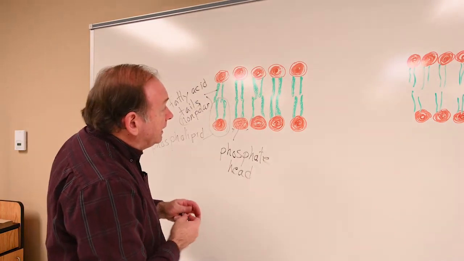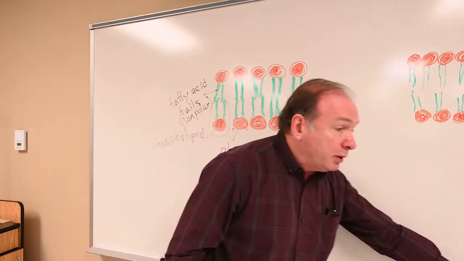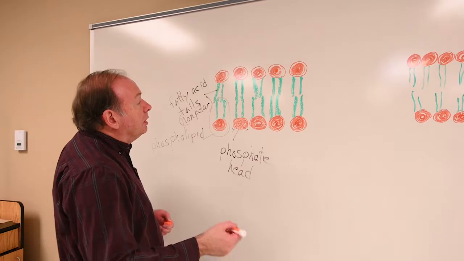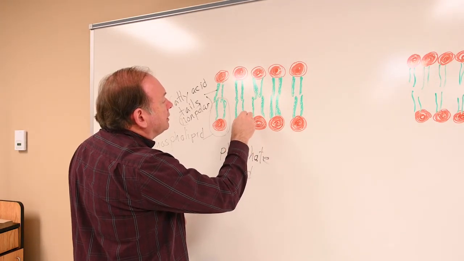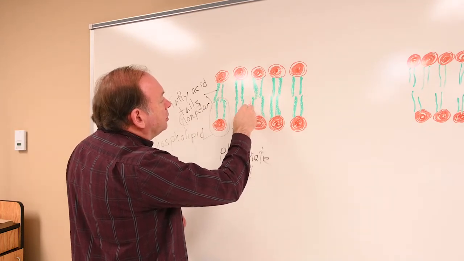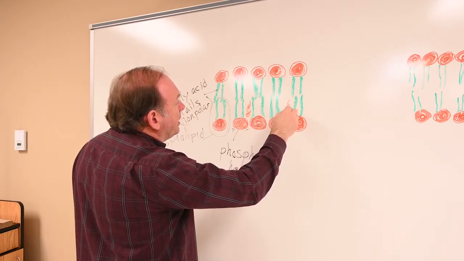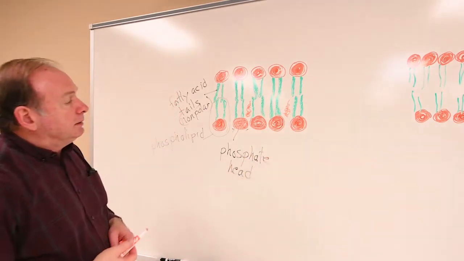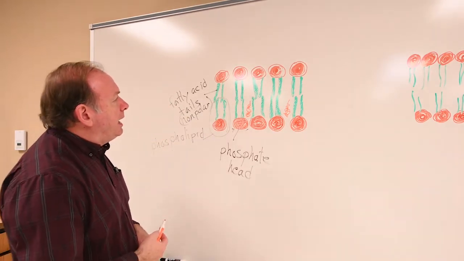In addition to the fatty acid tails, you'll also see cholesterol molecules in between. So you'll find a cholesterol molecule here, another cholesterol molecule over here. They get embedded within the lipid portion of the phospholipid bilayer.